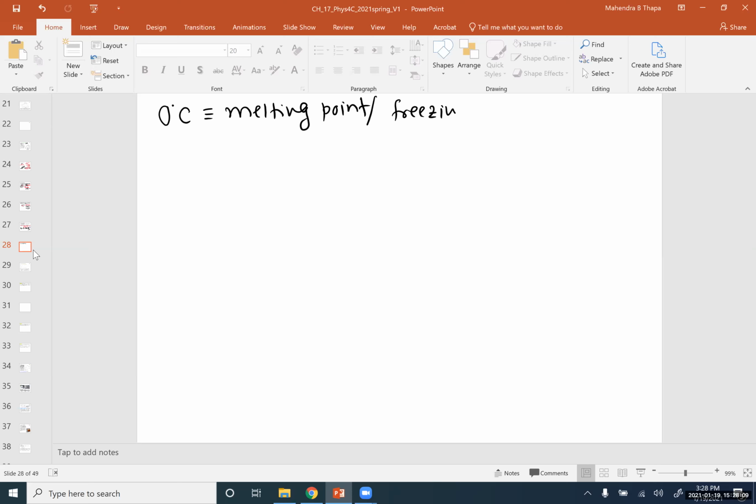So whatever you say. This only applies for water. Be careful, not for every substance. In this case it converted from solid to liquid, or it could go from liquid to solid. But 100 degrees Celsius is called the boiling point of water.